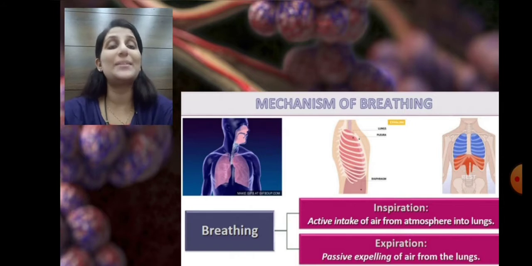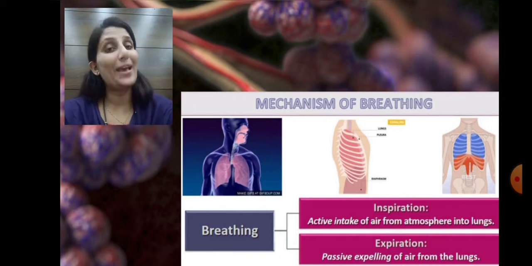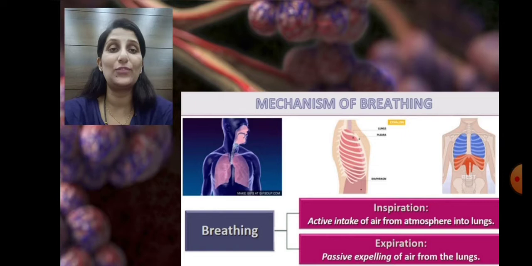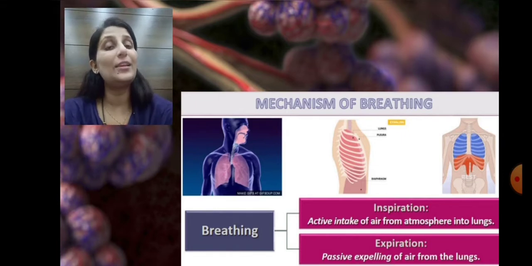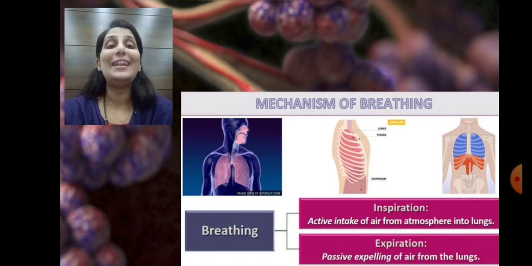And the second step is expiration, passive expelling of air from the lungs. So inspiration is active, whereas expiration is passive. So passive removing of the air from the lungs back into the atmosphere, that is carbon dioxide rich air, is called expiration.